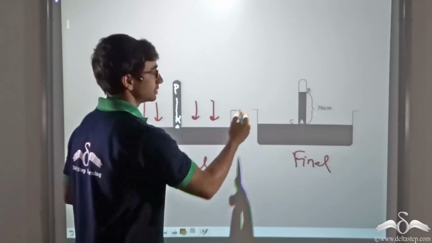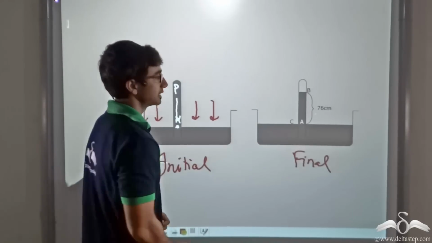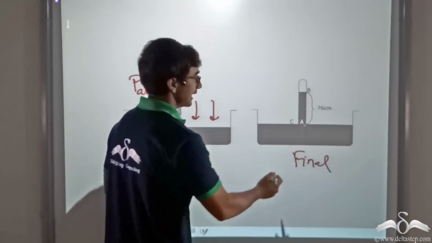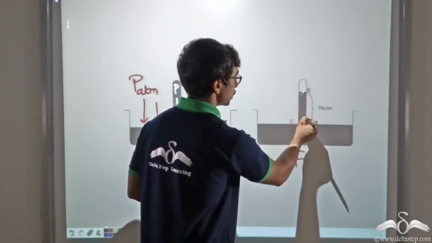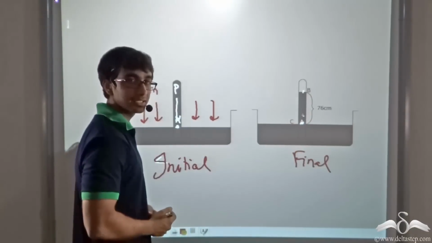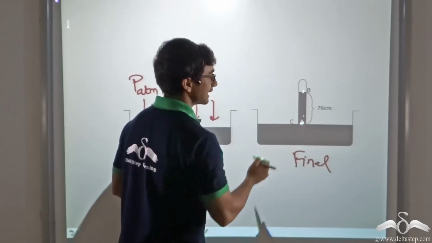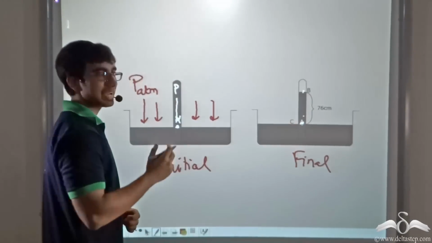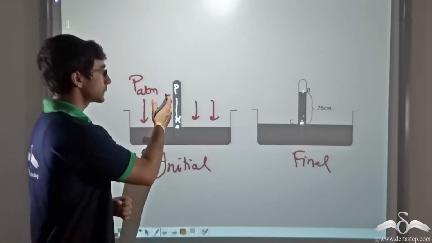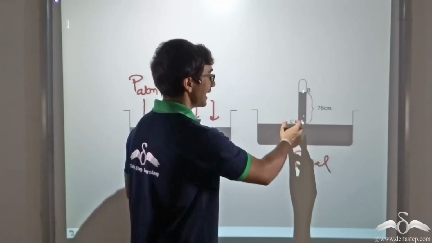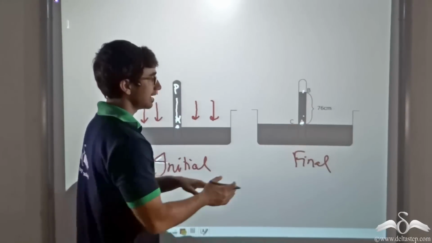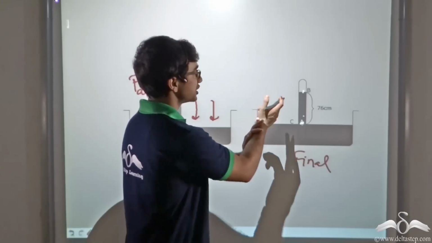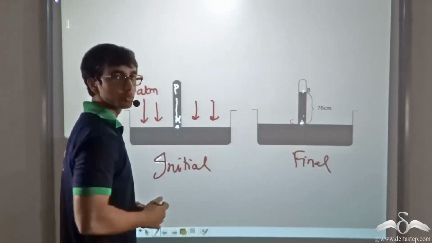If we compare these 2 points, point A and point C, we will find that the pressure of the liquid column, that is 76 centimeters in height, from point B is acting at point A, and at point C atmospheric pressure is acting. Obviously when liquid is flowing out from the tube and into the trough of mercury, there is a change in level of mercury in the trough and a change in level of mercury in the tube.